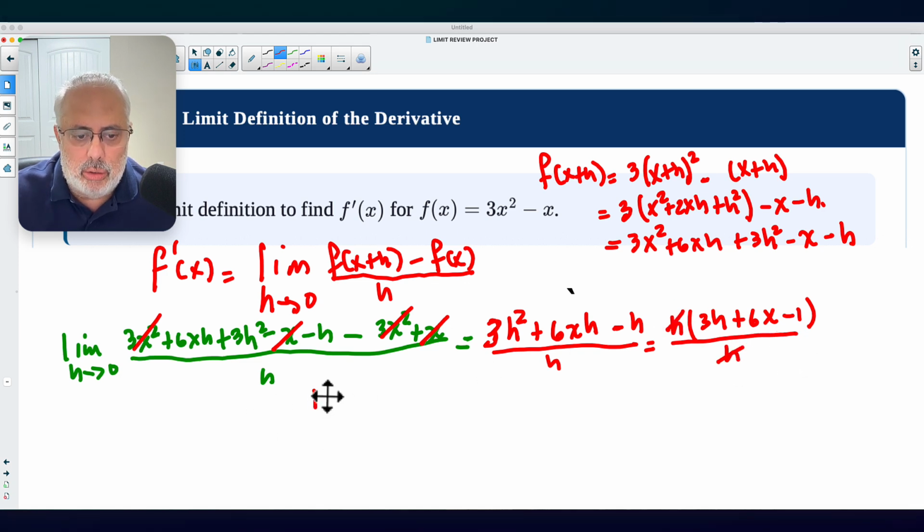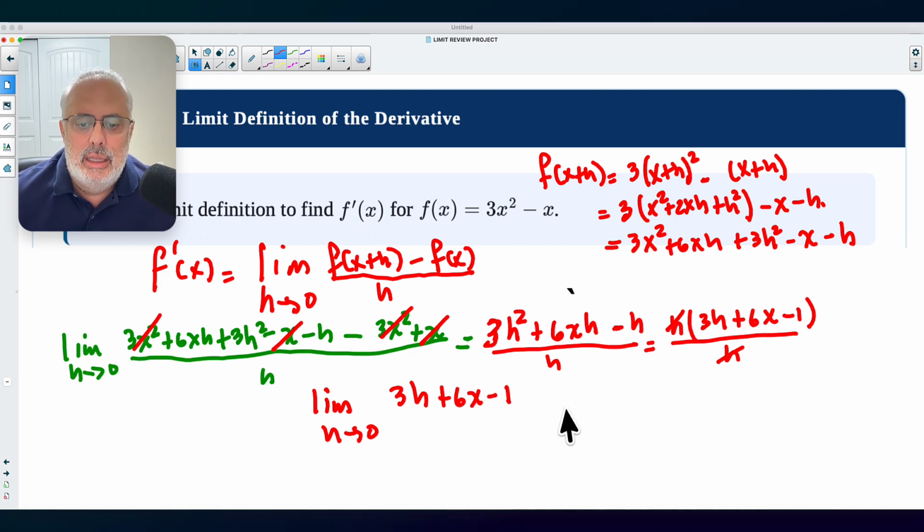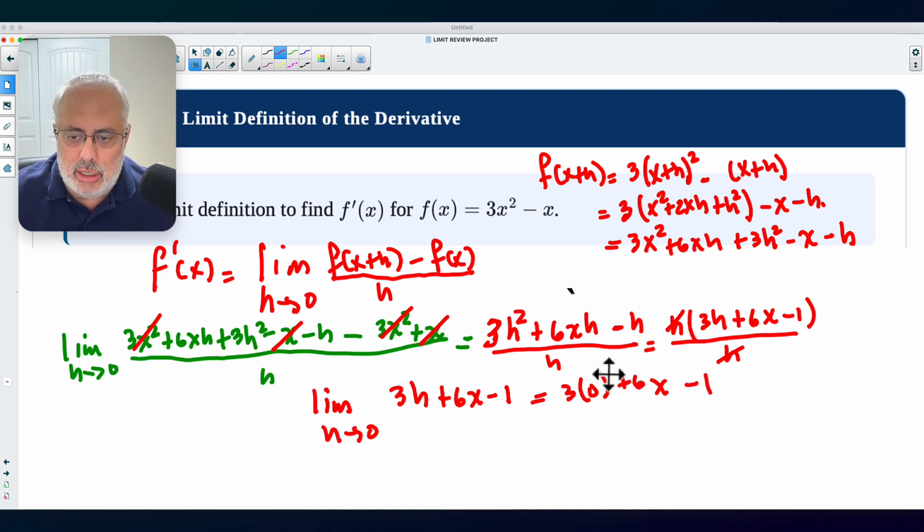And now we are ready to evaluate the limit when h approaches 0 of 3h plus 6x minus 1. And this is no more than 3 times 0 plus 6x minus 1. So the final answer here is 6x minus 1.